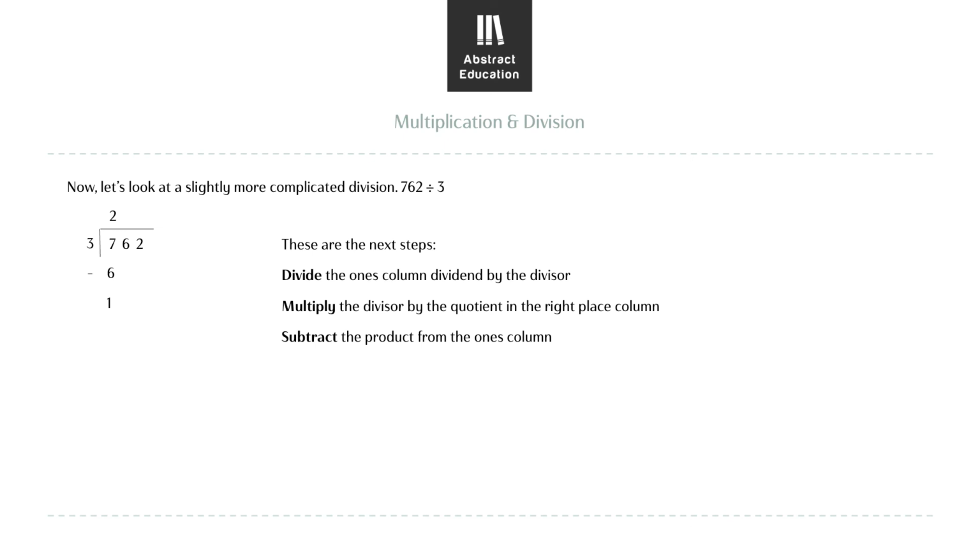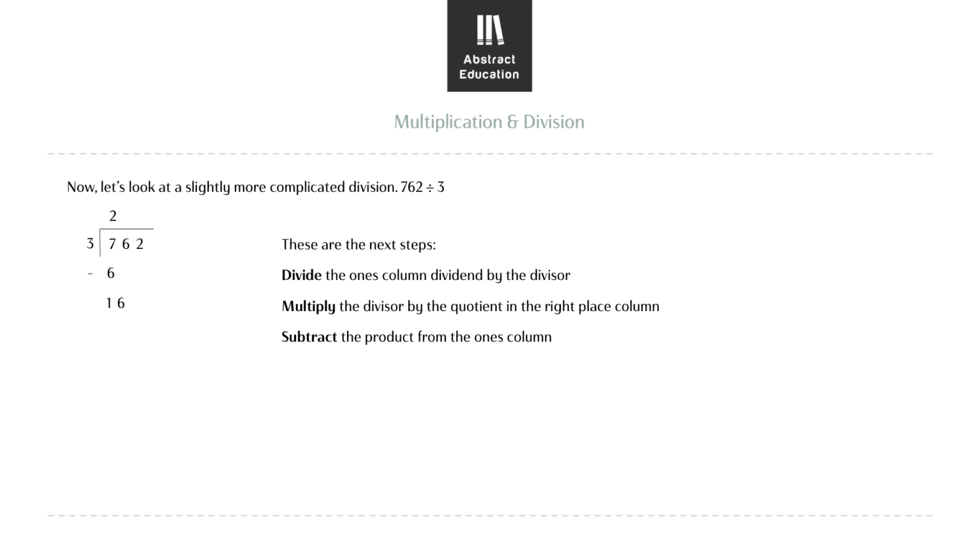1 is our remainder. As you can see above, we have gone through the process of dividing, multiplying and subtracting the first digit of our dividend. We now go through that process with the next digit of 6, but first we must bring the 6 down so that it is in line with our first answer of 1.